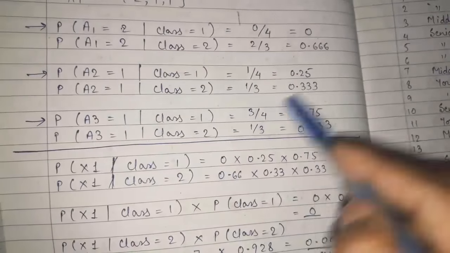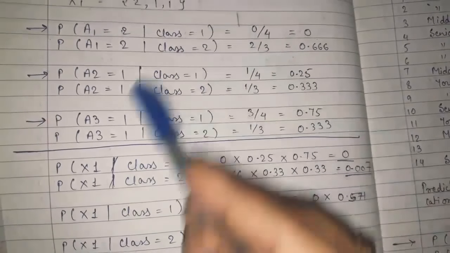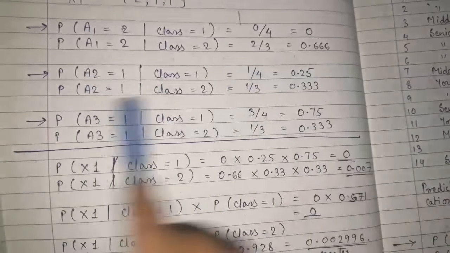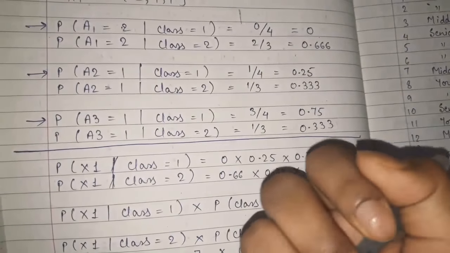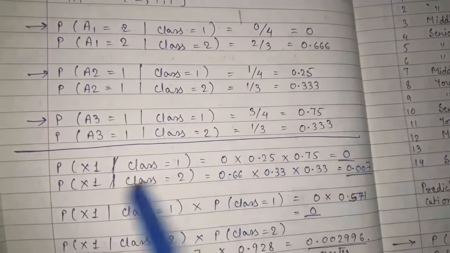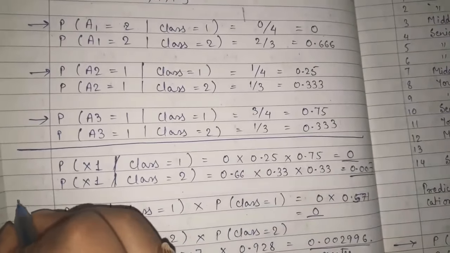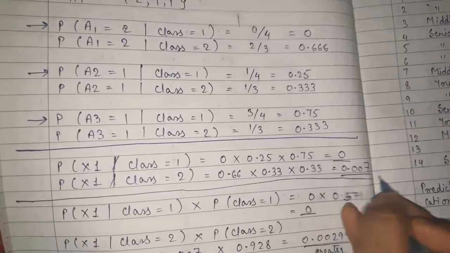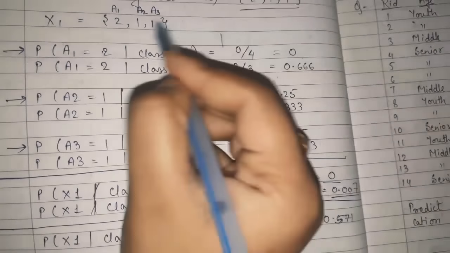Fine. So after finding these probabilities individually, now we want to merge them by simply multiplying them. Now it is our next step: the probability of x1. What is x1? x1 is nothing but this whole tuple.